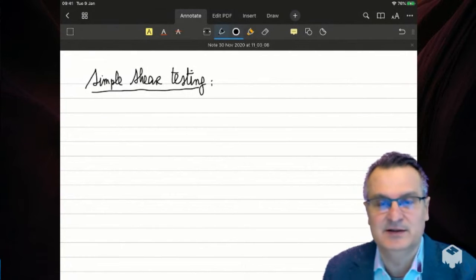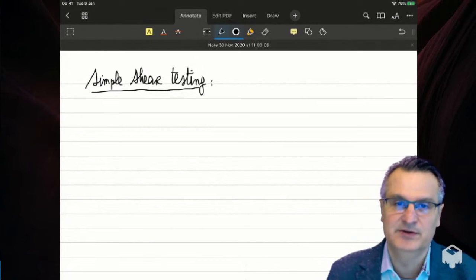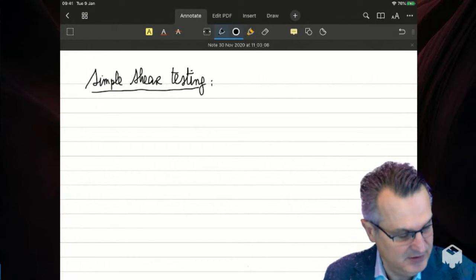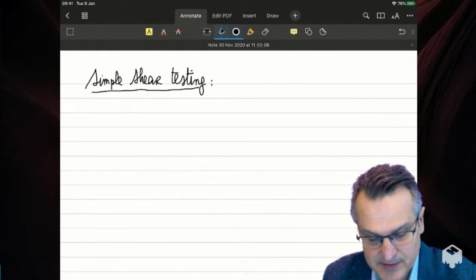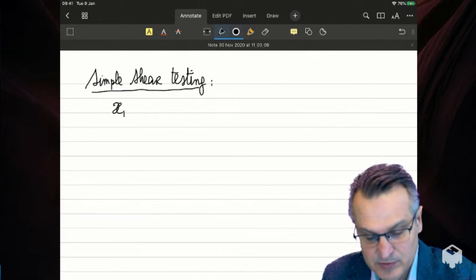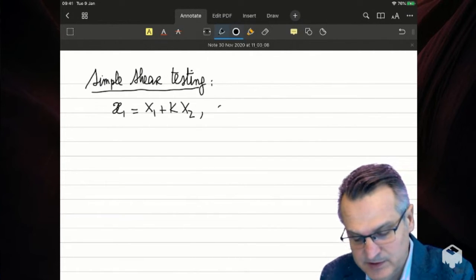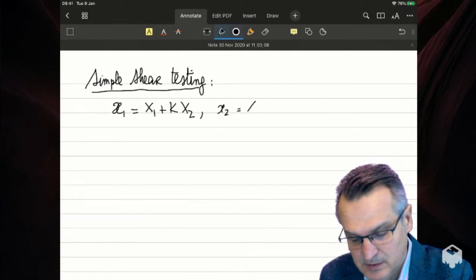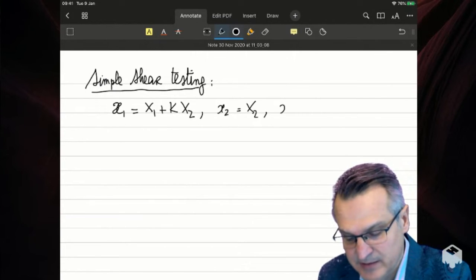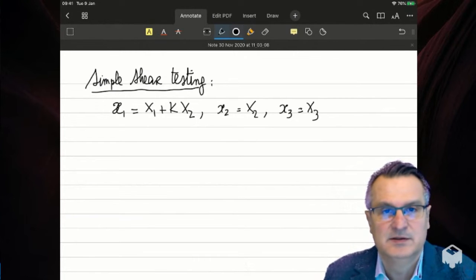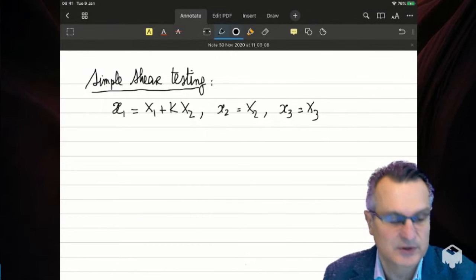Simple shear, we've seen that a lot in the chapter on deformations, and so I will rely a lot on what we've seen earlier, but this is how the deformation is described. This is how to relate the reference coordinates to the current coordinates.